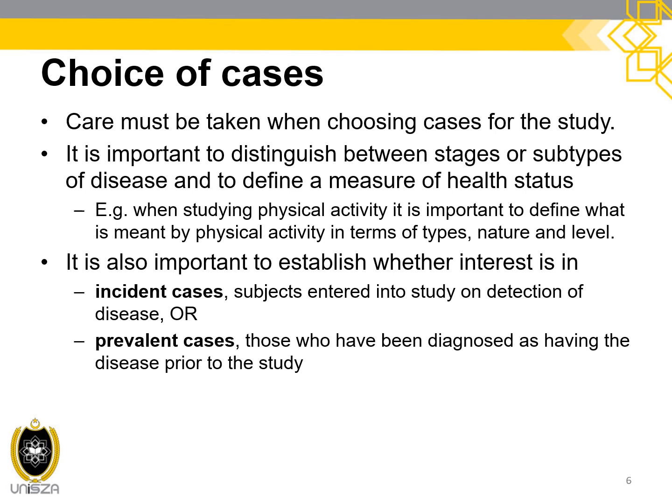It is also important to establish whether interest is in incident cases, that is, subjects entered into the study on detection of disease, which we call newly diagnosed, or prevalent cases, those who have been diagnosed as having the disease prior to the study.